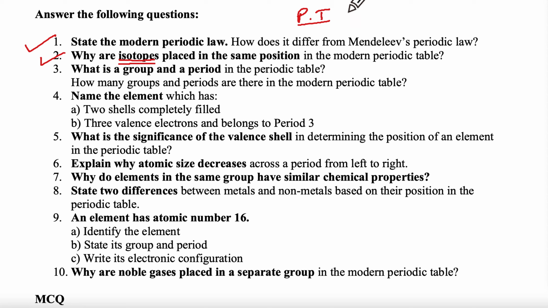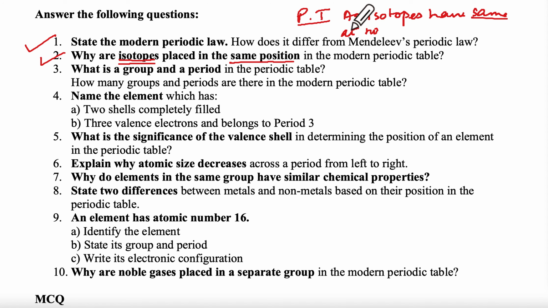So what you'll say is, isotopes have same... no, we are talking about the position. Position means not properties. Same atomic number with different mass number. Now I am not interested in atomic mass.